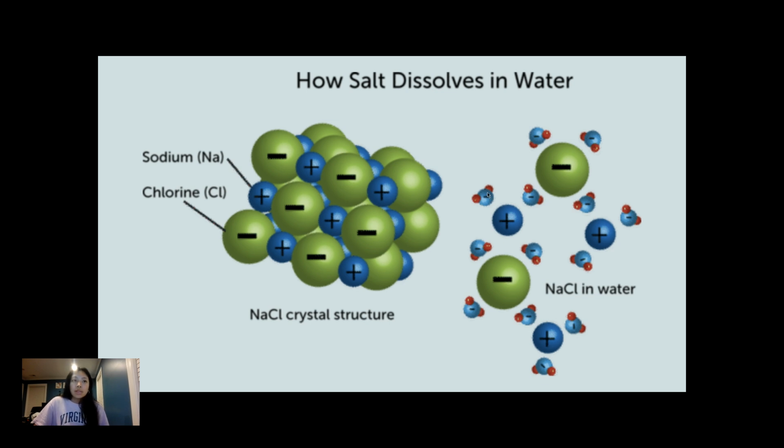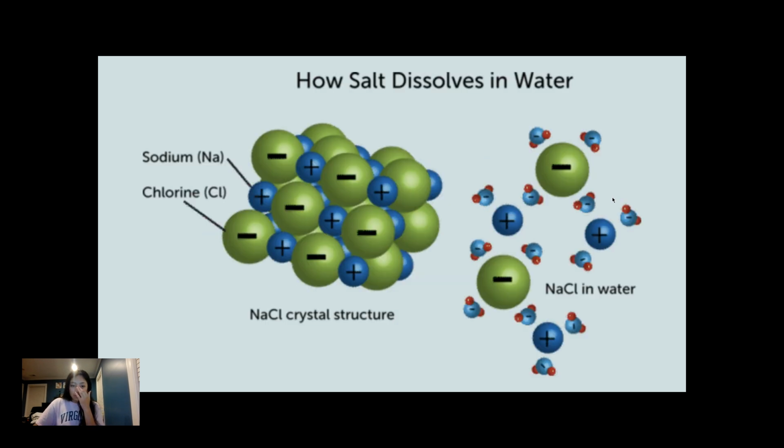So the negative ends of the solute interact with the positive ends of the solvent, and in this case, hydrogen will interact with the chloride, and then these molecules of water will surround the molecules of salt to dissociate and dissolve the particle. And so that's modeled over here.